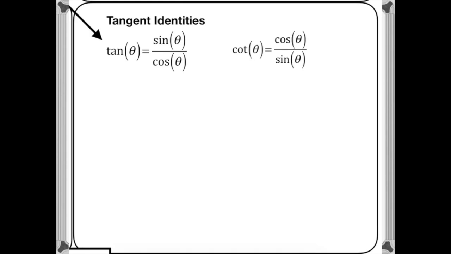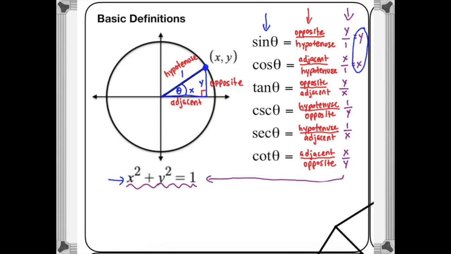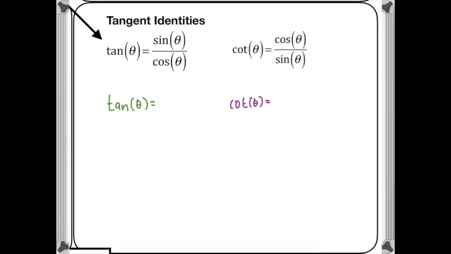Now, the reason why tangent theta equals sine over cosine is that if we look at the definitions of tangent theta and cotangent theta in the trig identities here, we see that tangent is y over x, and cotangent is x over y. So let's transfer those on over: y over x and x over y.